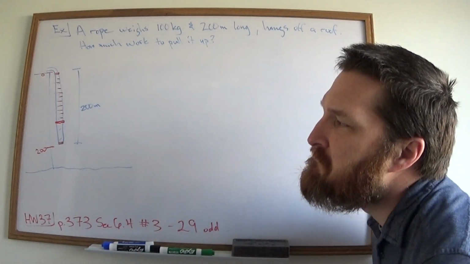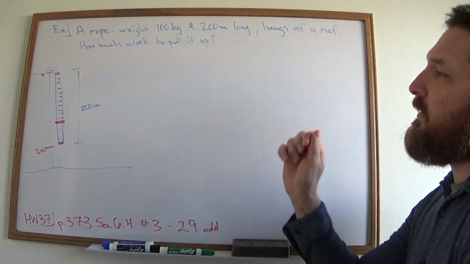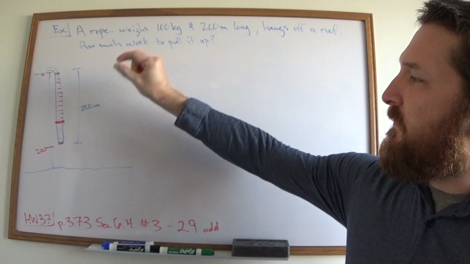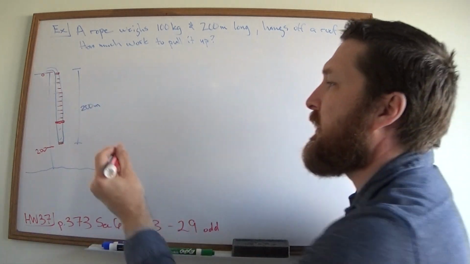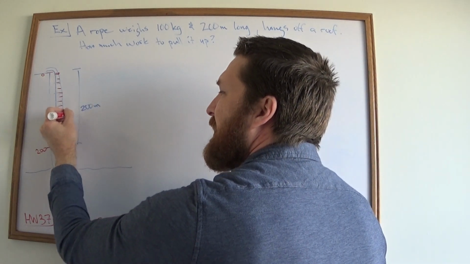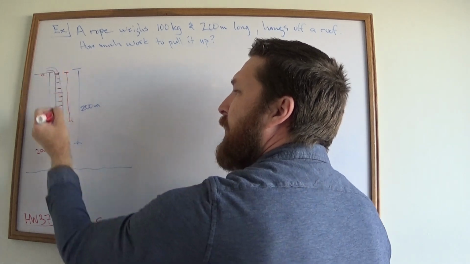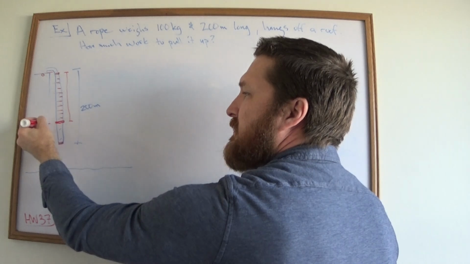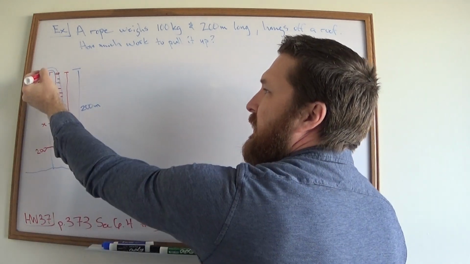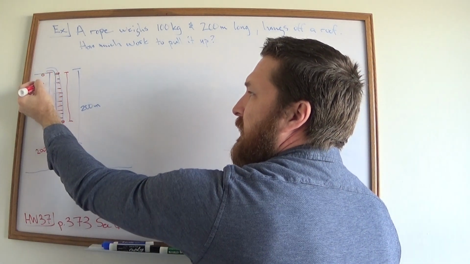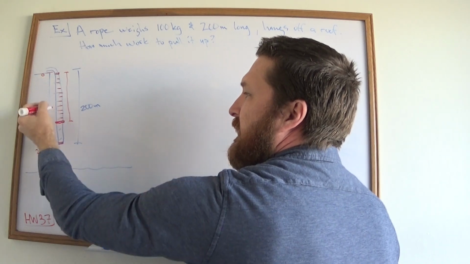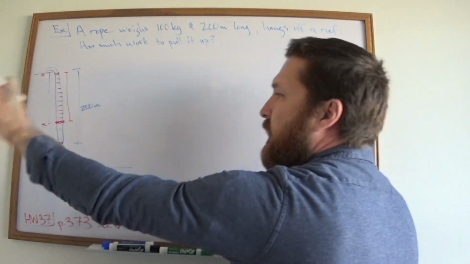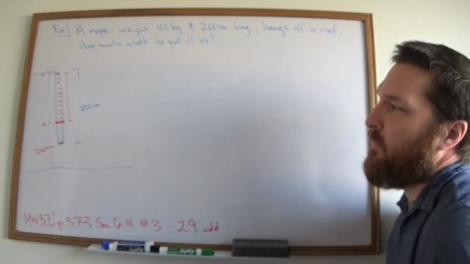But if we think about just that little bit of the rope, I know its weight, and I could compute the distance that it has to be pulled up, which I don't know, so let's just say that this is at x. Here x is equal to 0, here x is equal to like 50, here x is equal to 100, here x is equal to 200, and here x is whatever it is, it's just x.